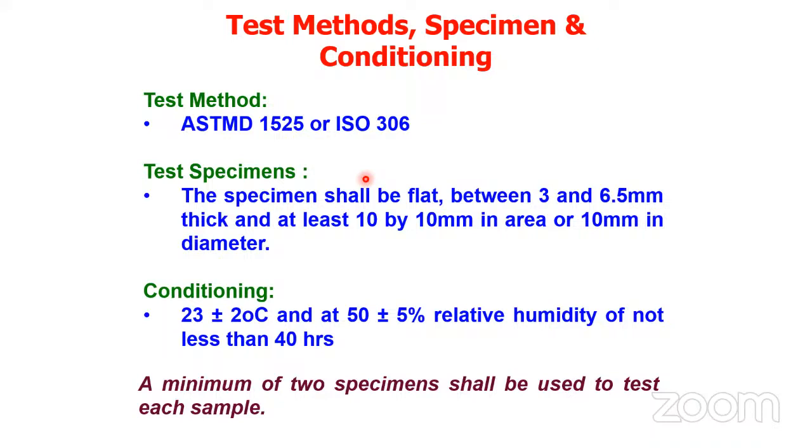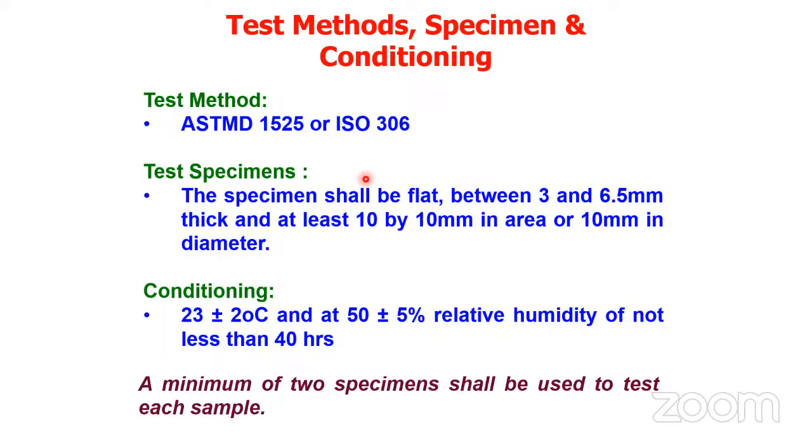Okay, so the test specimen should be flat, between 3 and 6.5 mm thick and at least 10 by 10 mm in area. Okay, so this kind of specimen dimension can be used to test the polymeric material for Vicat softening point.